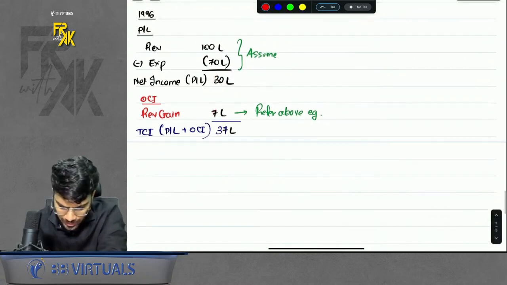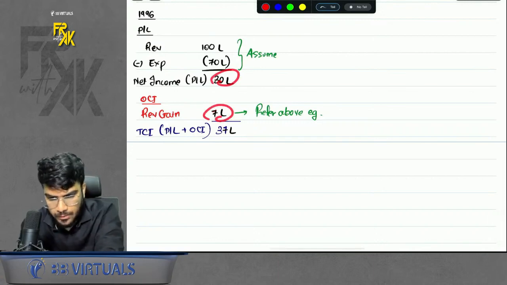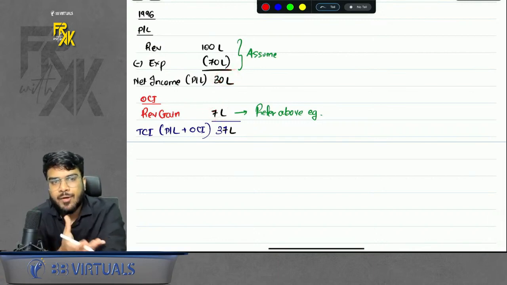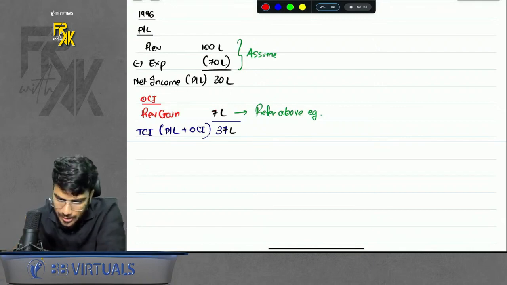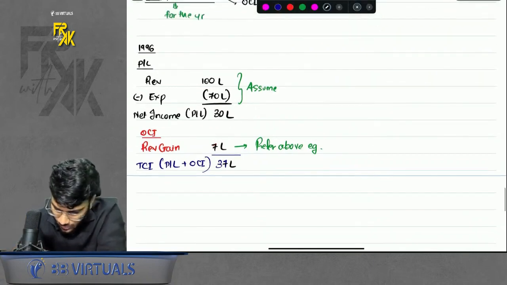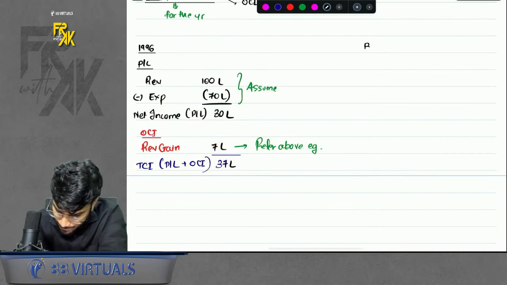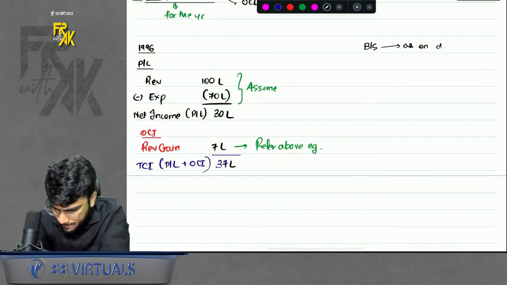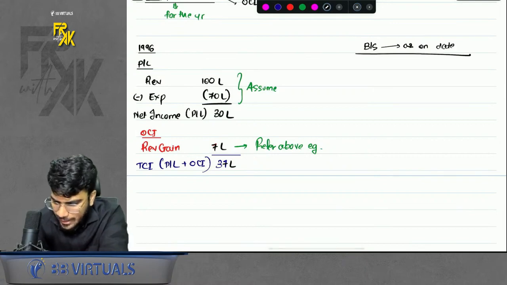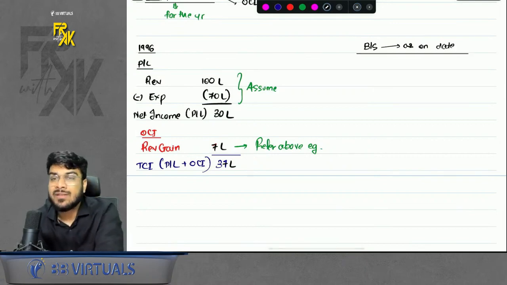Now what happens with this profit? I guess you might be knowing that whatever profit the company earns, it gets accumulated in your reserves, right? So now you will have a balance sheet. Balance sheet is prepared as on date. Ideally in AS it used to get accumulated in reserves and surplus.